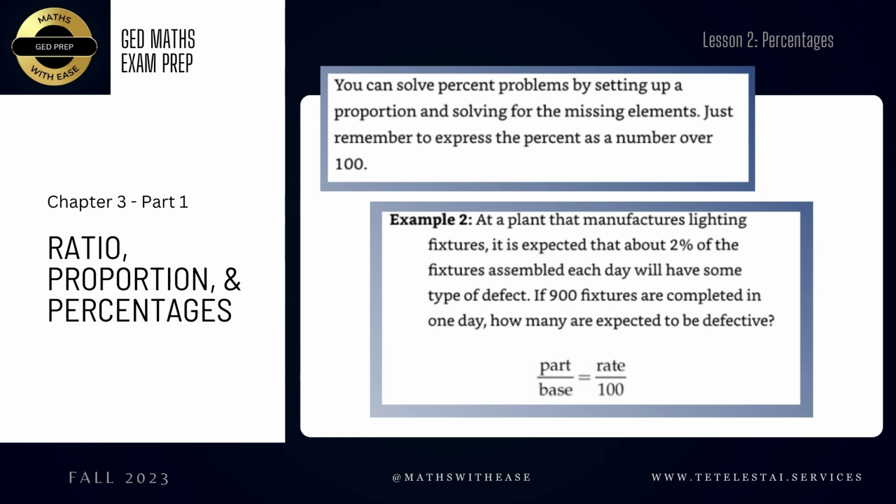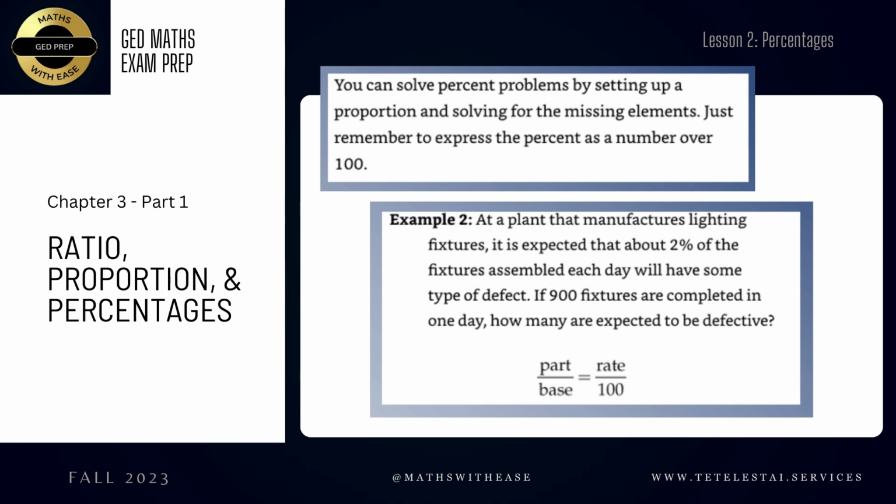And you just proceed to set out your solution to reflect the formula for percentage, which is part over base equals rate over 100, right? So we know that the base is 900. We know that the rate is 2%, which is 2 over 100. We don't know the part, right? So we would just simply write that down as X.